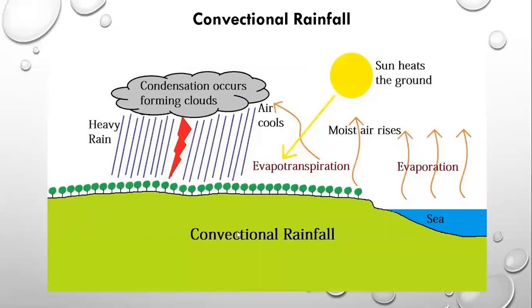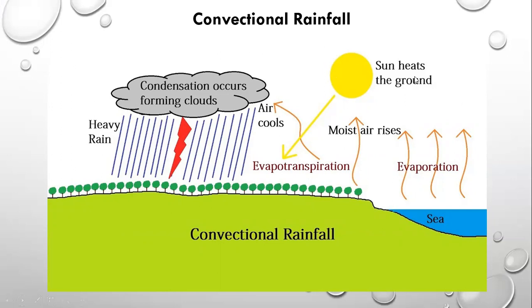Now, here is the simple description of convectional rainfall. Here we are able to see that the basic thing that you need for there to be convectional current is the sun. So the sun hits the ground.